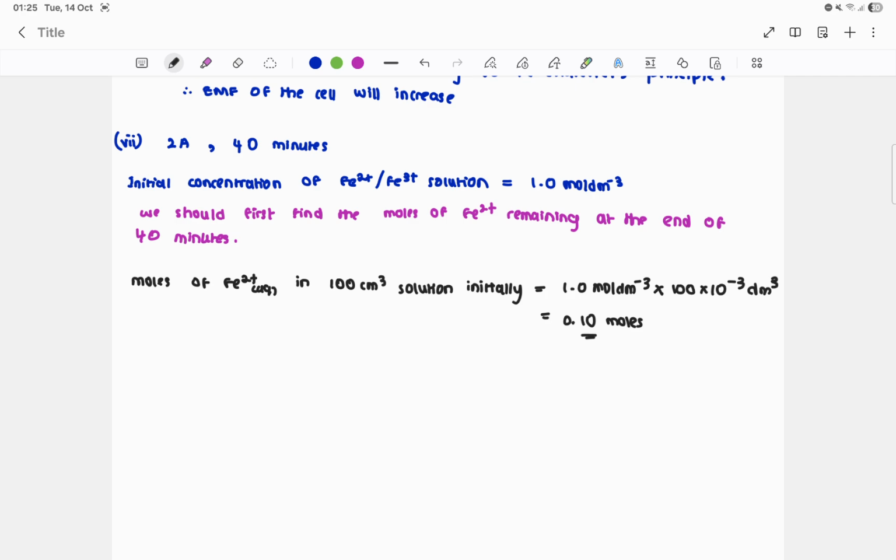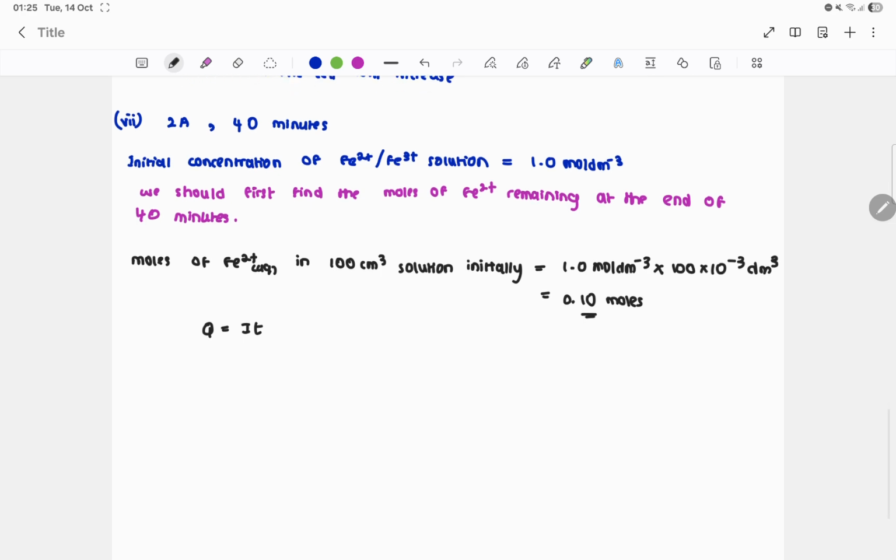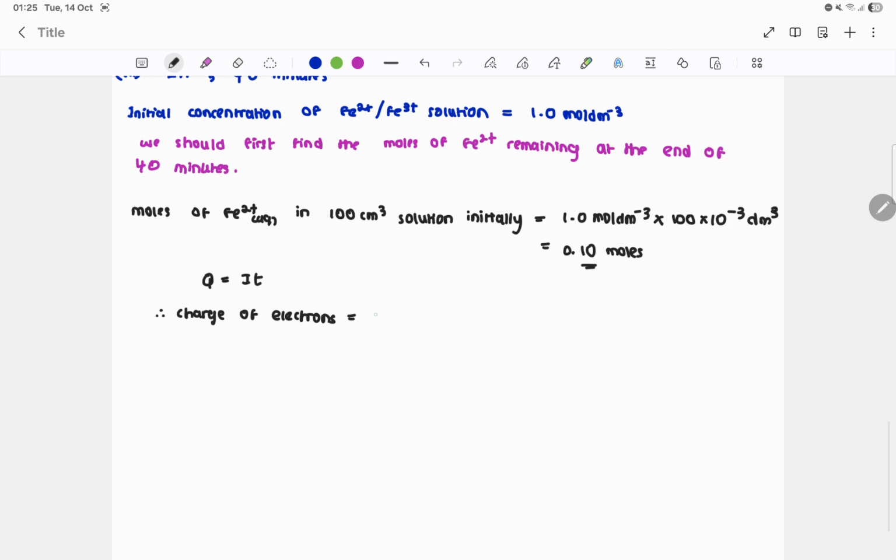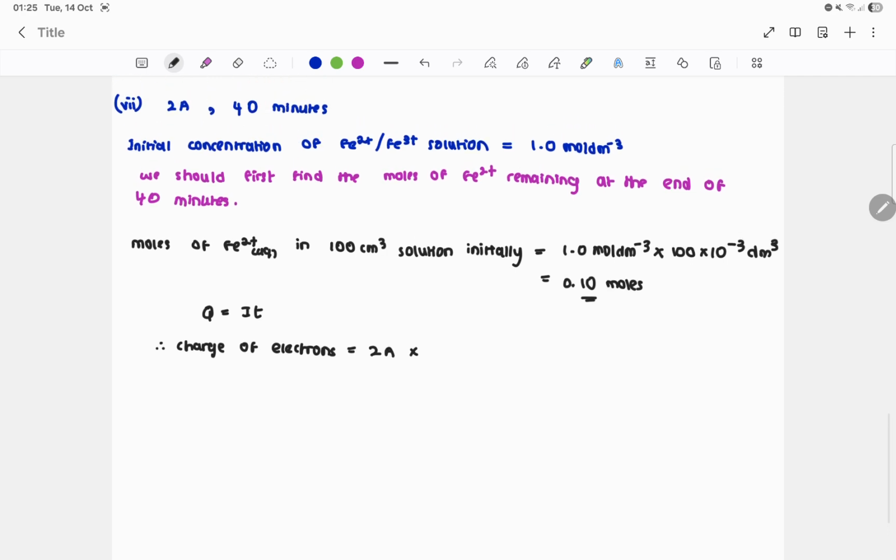If we use Q equals I t, I can find the charge of electrons that flowed. Charge of electrons equals 2 ampere into 40 minutes.